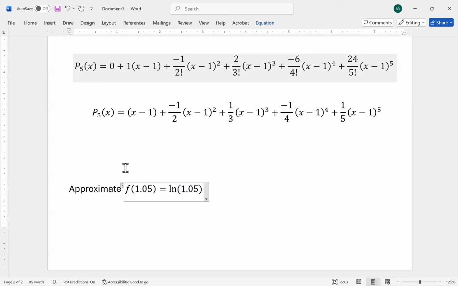When I plug that into my calculator, natural log of 1.05 becomes about, I'll write all of the decimals that my calculator gives, 0.0487901642.